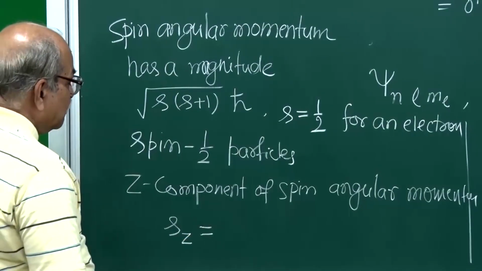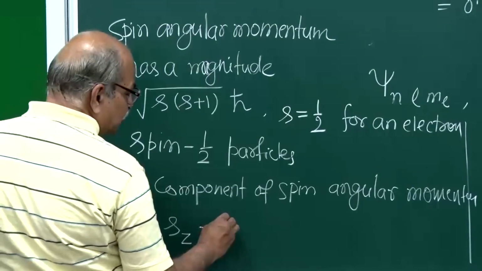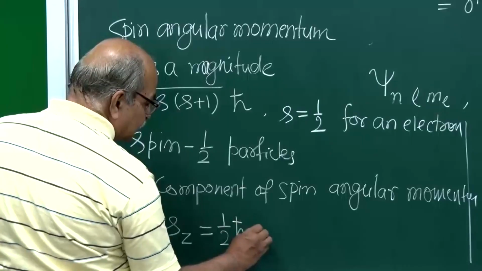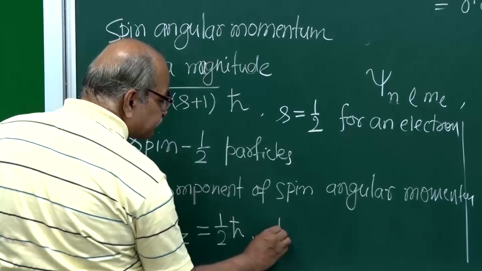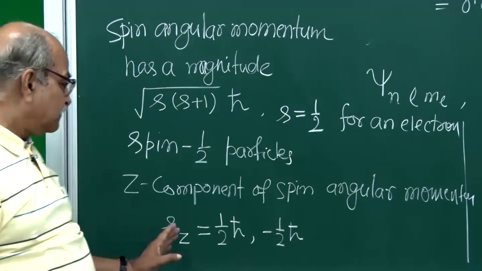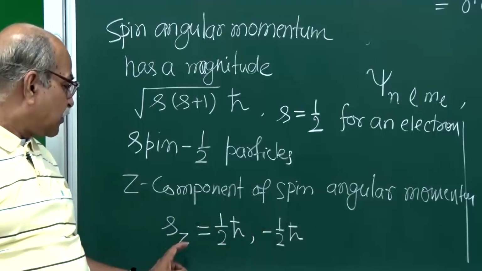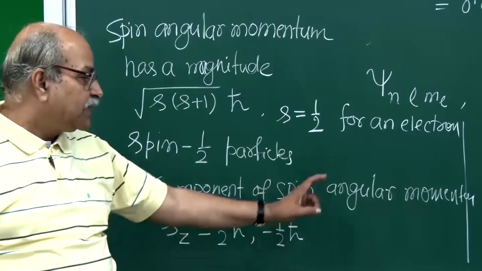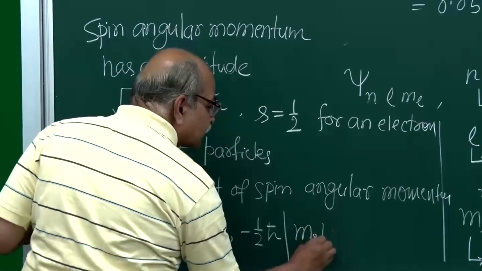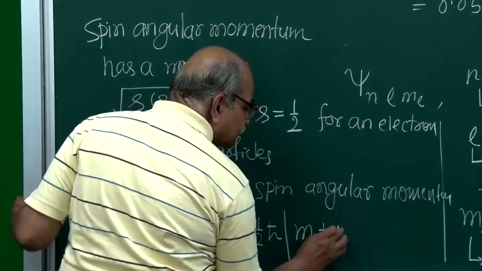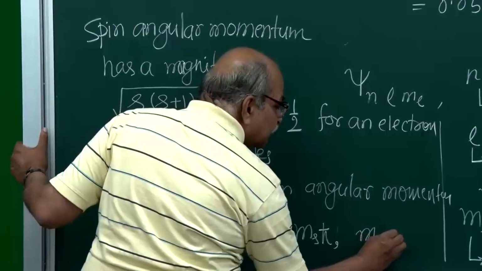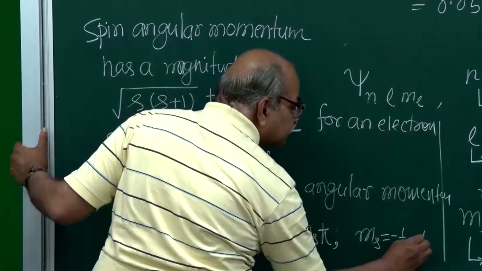There are two possible values, and these two possible values are half h cross or minus half h cross. So these are the two possible values of Sz, that means possible values of z component of spin angular momentum. You can write this as ms times h cross, where ms is minus half or plus half.